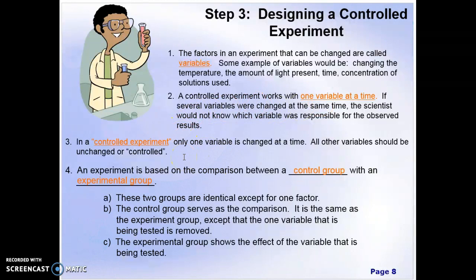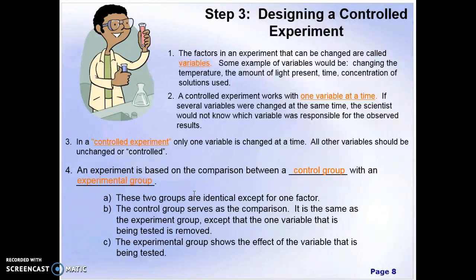In a controlled experiment, only one variable is changed at a time. All other variables should be unchanged. What we call that is a constant, and I'll get into that in a little bit as well. A constant is something that is staying the same. There should be an experimental group and a control group. These two groups, or it could be more than two groups, should be identical except for one factor.